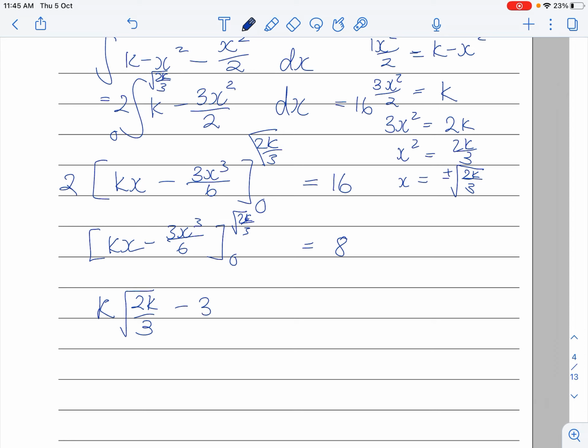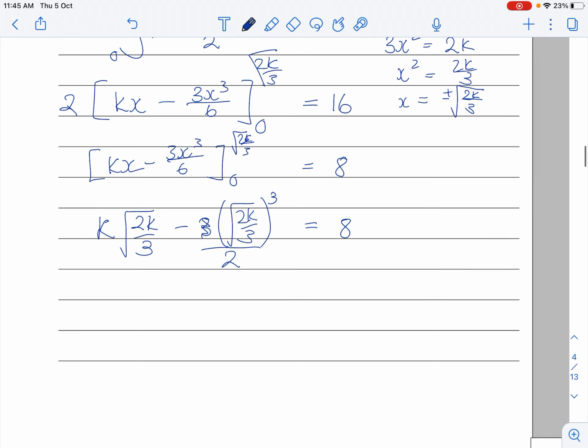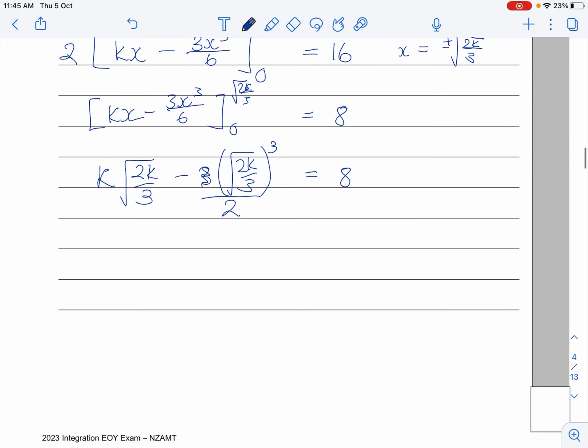Okay, so that becomes 3 to the power of 3 over 6. Oh, hold on, we'll just cancel that and put that over 2. Okay, and we know that equals 8. And I'm not going to bother putting the 0 in because we know that it is. All right.